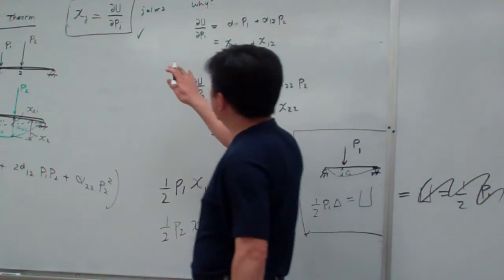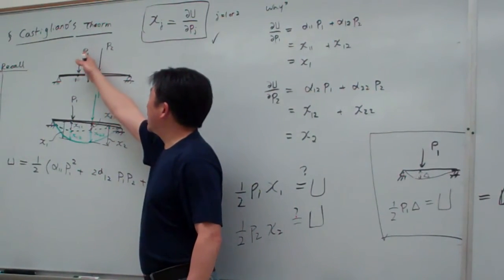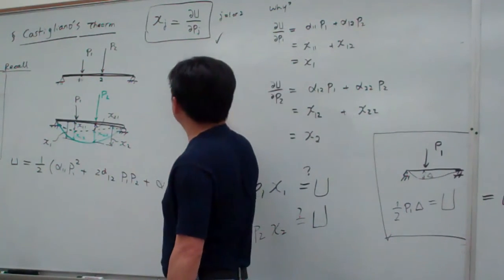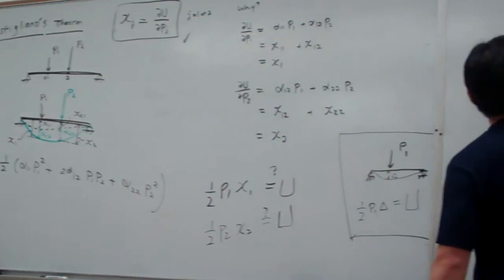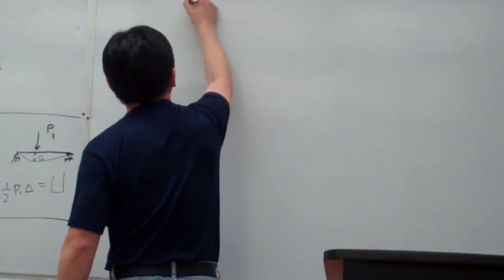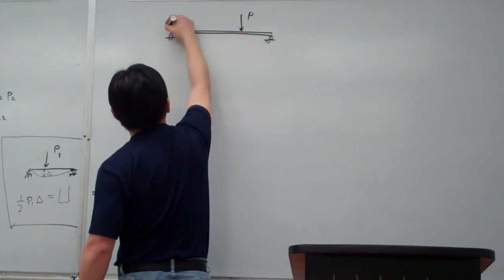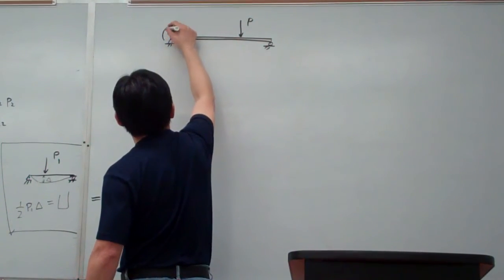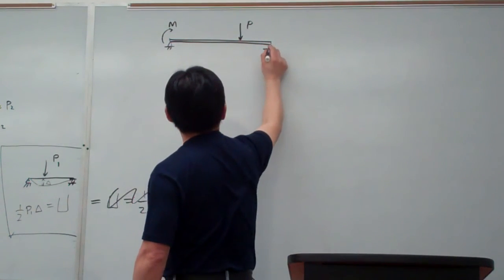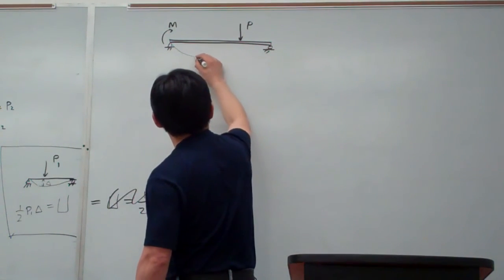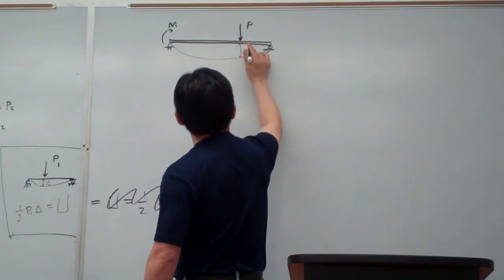And for this case, I want to make a comment about P. The loading can be a force or can be a moment. For example, if we have a structure like this, and I apply the loading P here, and also apply the moment M at this free end, then corresponding to this loading type we have a deflection, let me call it delta.